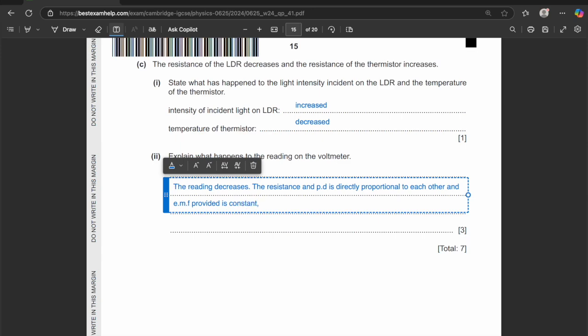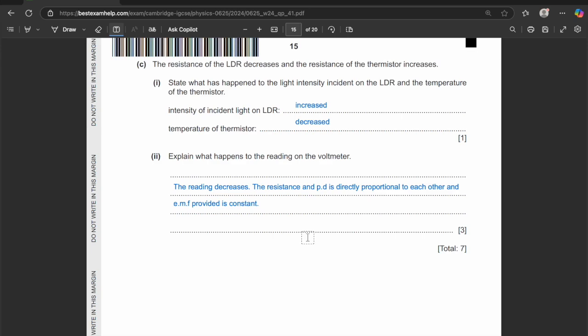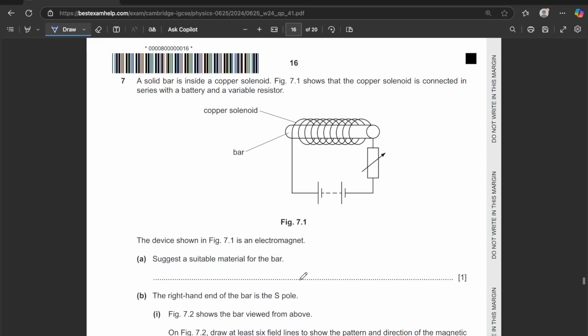For the first point that we mentioned, we can also write something with the equation instead. So we can write that R1 divided by R2 is equal to V1 divided by V2.